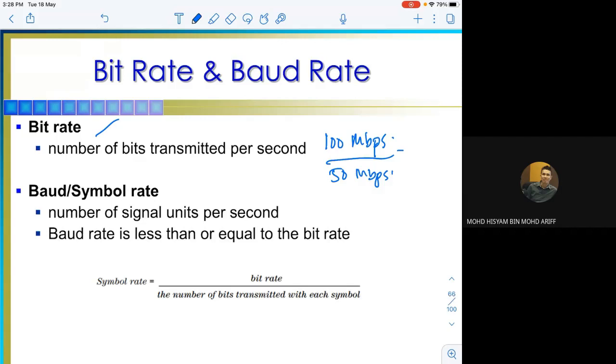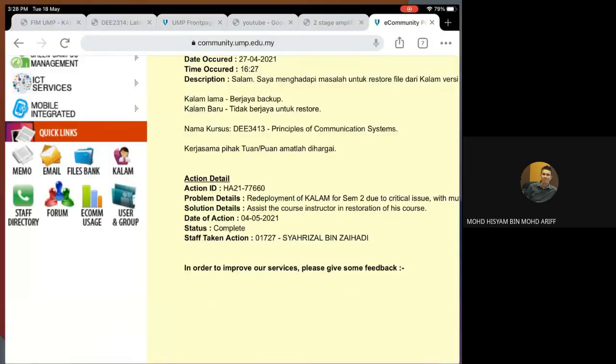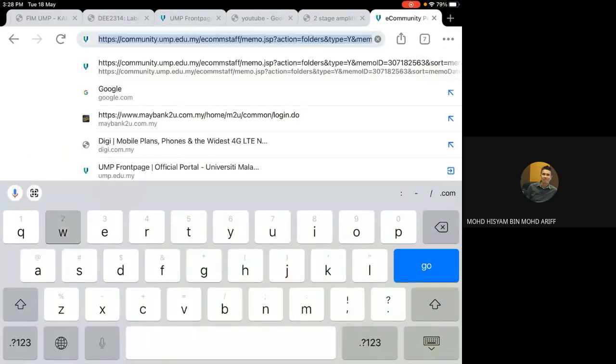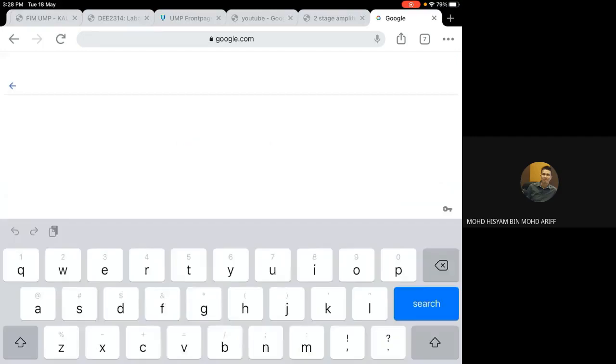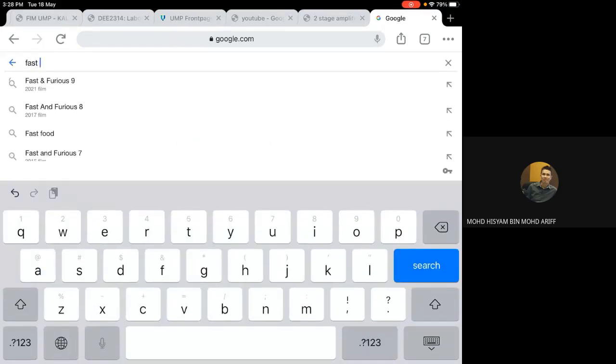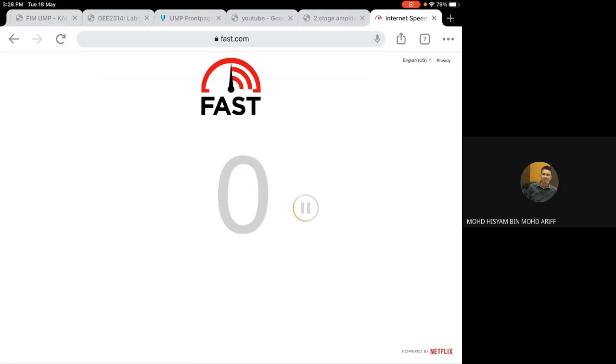Okay, I nak check speed lah. You pun type kat sini. Contoh lah, you kata kenapa internet hari ni slow, you pun check contoh macam Fast.com. Contoh, ni saya gunalah Fast.com. Okay, kenapa hari ni internet sangat slow?